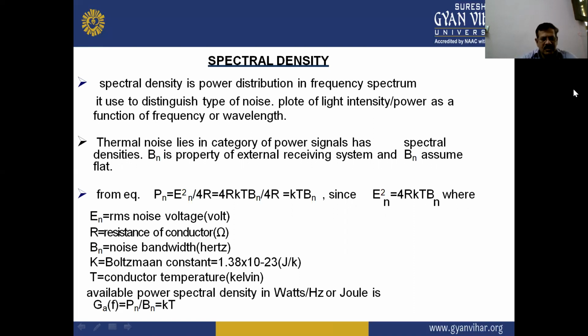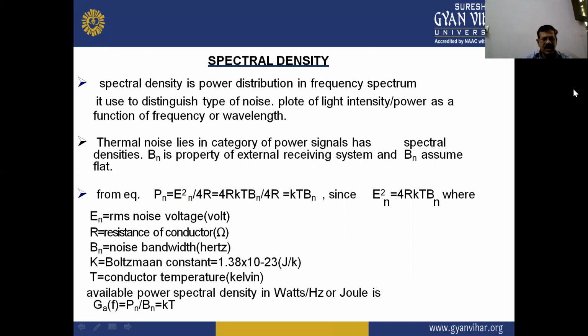The power of noise formula is Pn equal to En square upon 4R, or equal to 4kTBn divided by 4R, or equal to kTBn, since En square equals 4kTBn, where En is the RMS noise voltage in volts and R is the resistance of the conductor.